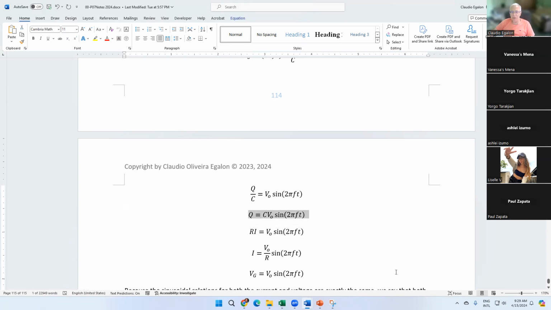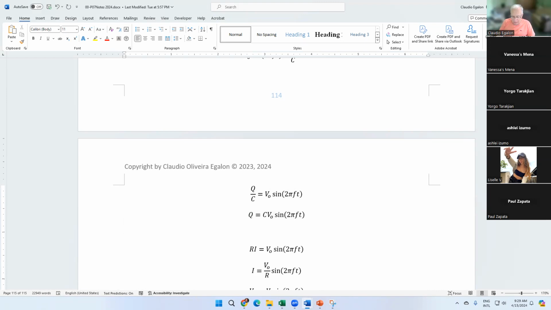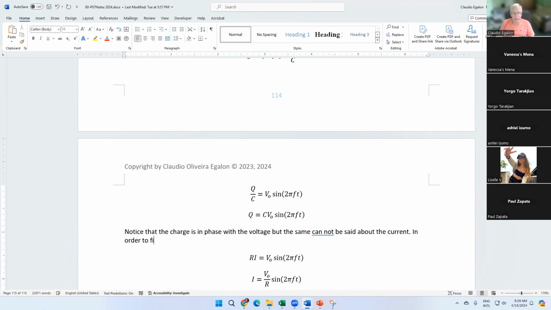Note that the charge is in phase with the voltage, but the same cannot be said about the current. In order to find the current in the circuit, we must use differential calculus.